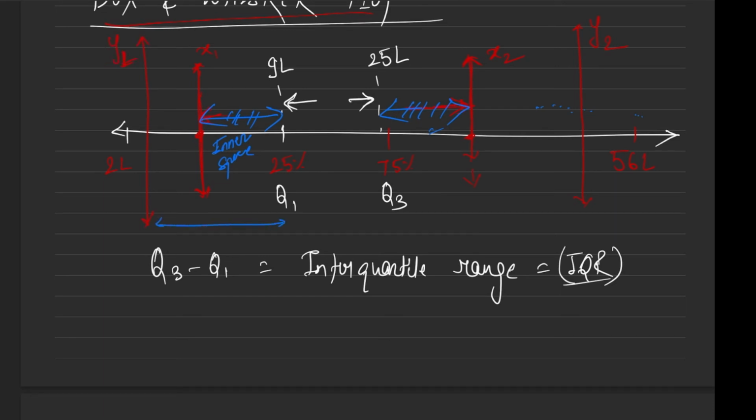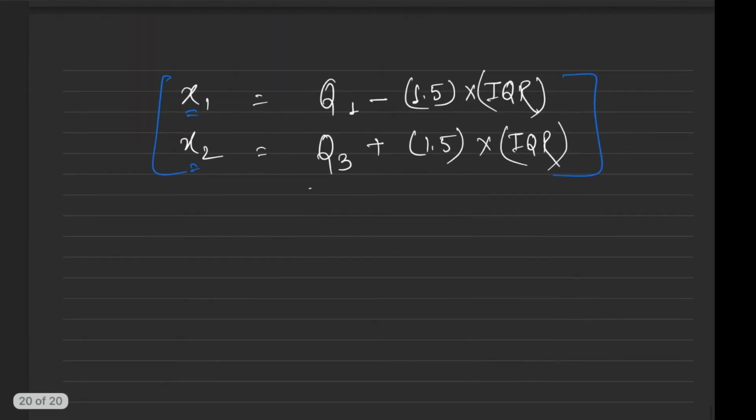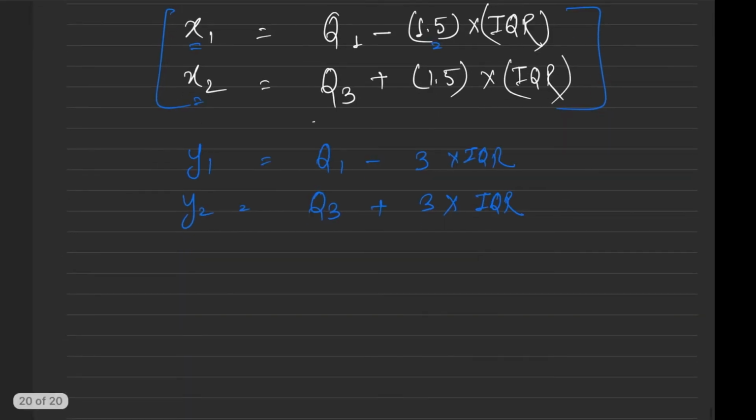This space will be called your outer fences. The formula is y1 equals Q1 minus 3 times IQR instead of 1.5, and y2 equals Q3 plus 3 times your IQR.